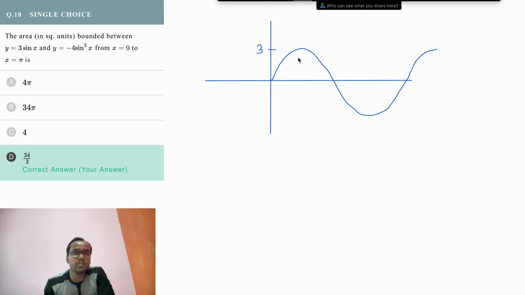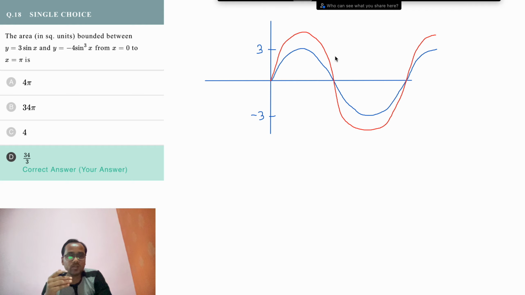So this will be 3 units and this will be minus 3. But what about y equals minus 4 sine cube x? First of all, sine cube x will be the same shape. And 4 sine cube x will be with more height, because only the numbers are being cubed.